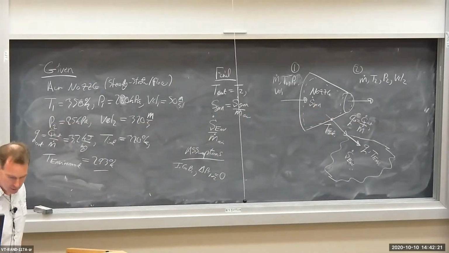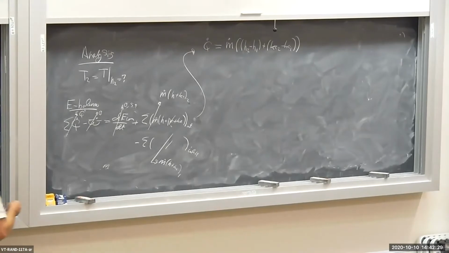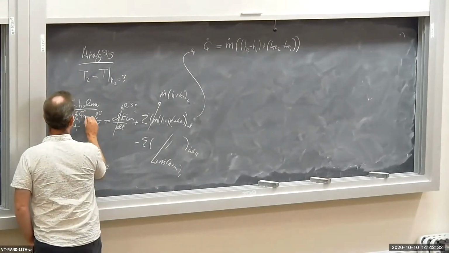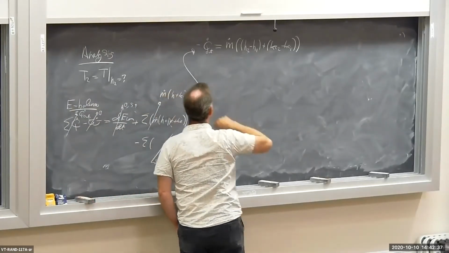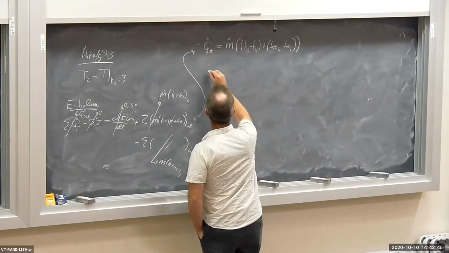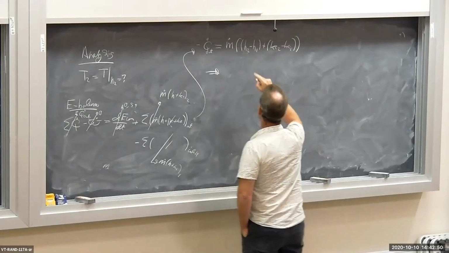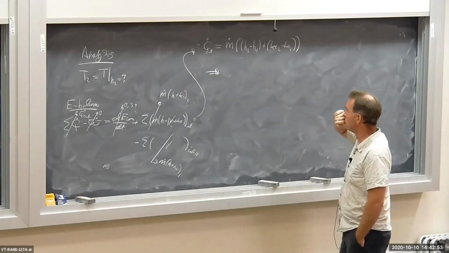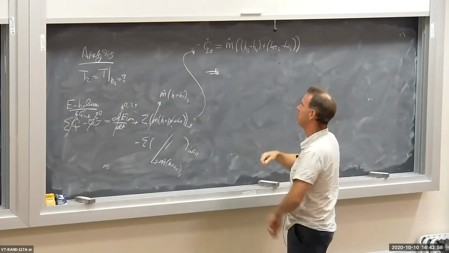So I think I will make the substitution in the energy balance. I don't know Q dot or m dot, but I do know everything on a per unit mass basis. So let me change this to negative Q dot out. I'm going to divide by m dot and solve for H2. I'm going to put everything else but the H2 term over on the other side of the equation, and flip the whole equation.